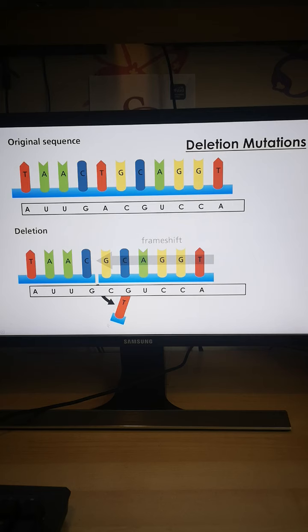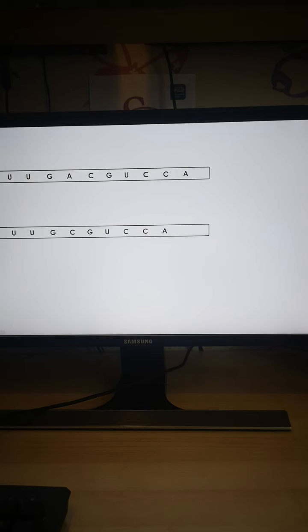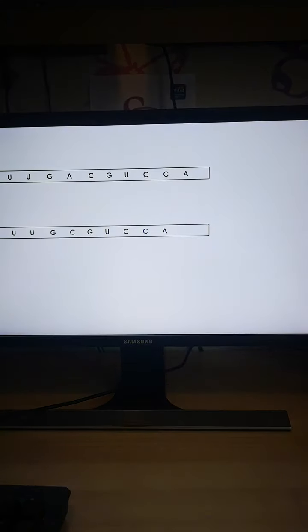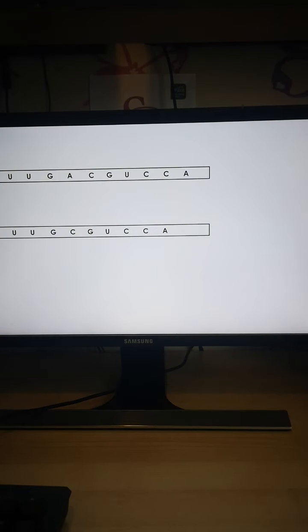Okay, so what impact does that have on the polypeptide chain? Well, we can start to have a look even with this very short base sequence. So this is our original and this is our mutated. Because I've looked up the codon table, you can do this alongside me.